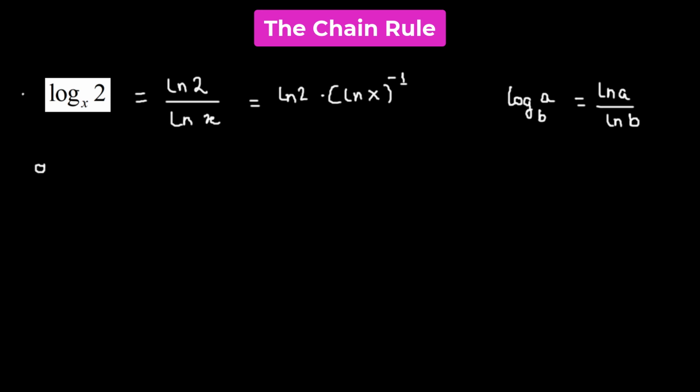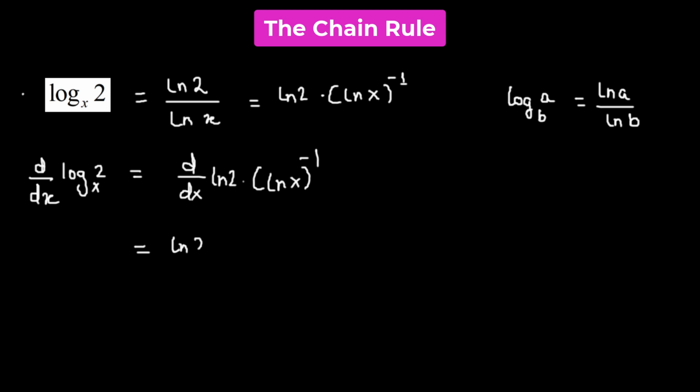So now let's find the derivative of log of 2 to the base of x with respect to x, which is the same as finding the derivative of log of 2 times log of x raised to the power of negative 1. The log of 2 being a constant, it can be pulled out of the derivative. So we have natural log of 2 multiplied by the derivative of log of x raised to the power of negative 1.